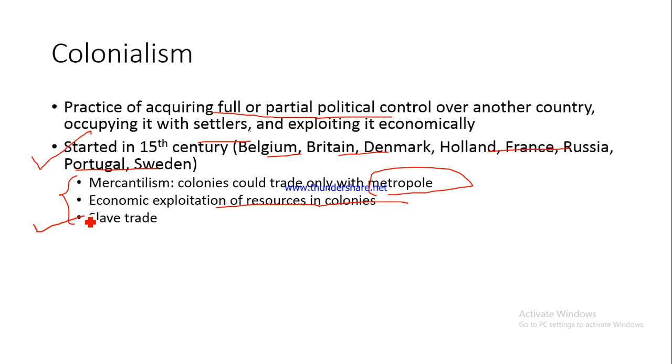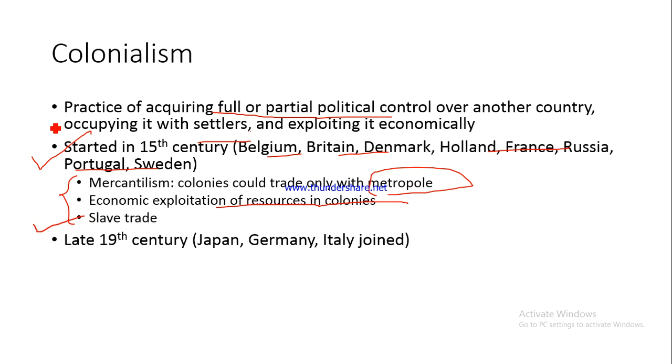Girmitiya basically is the corrupted version of agreement. So they signed some agreement with these people, and then they made them come to Africa, wherein they were employed as workers in these sugarcane plantations, which were set up by, again, British colonialists only in these African colonies. So this was the kind of exploitation which was rampant under the colonial rule, right?